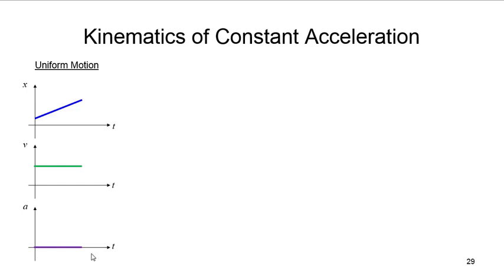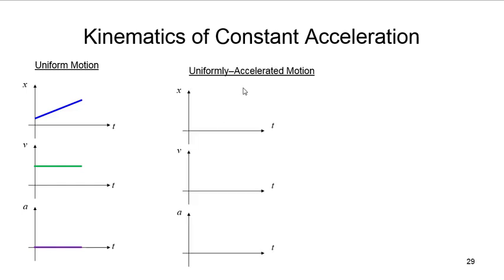Let's compare that to the newer thing we introduced, uniformly accelerated motion. In this case, it's easier, I think, to start with your acceleration graph. We have a constant acceleration that is non-zero. And this value, whatever it is, is the slope of the velocity graph. So we're going to have a straight line that has a constant slope for my velocity graph.